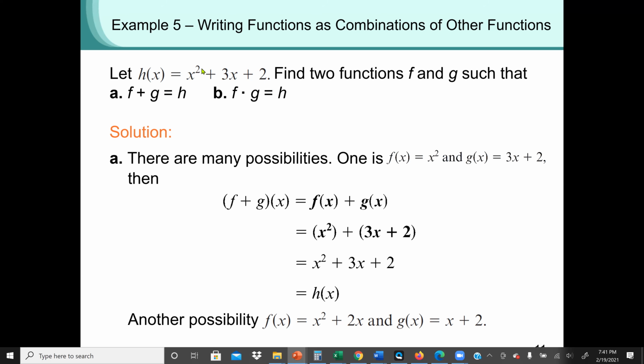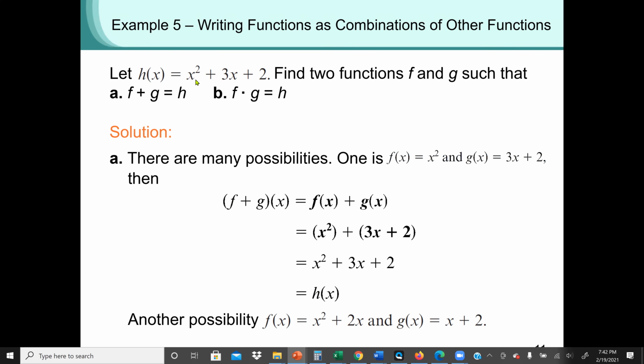Another option can be f is x squared plus 3x, and g can be 2. So here we write f plus g at x is f at x plus g at x. So this will give us x squared plus 3x plus 2, which is h at x.